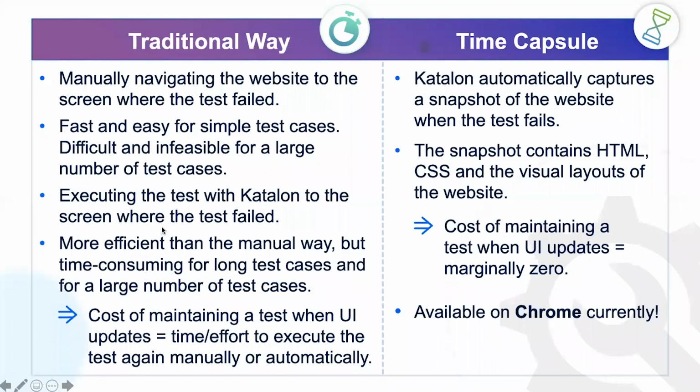You can also execute a test again with Katalon, but this is prone to other causes of failures. To summarize, the cost of maintaining the test when the UI updates in the traditional way is equal to the time or effort to execute a test again, either manually or automatically. With Time Capsule, this effort is cut down to zero.